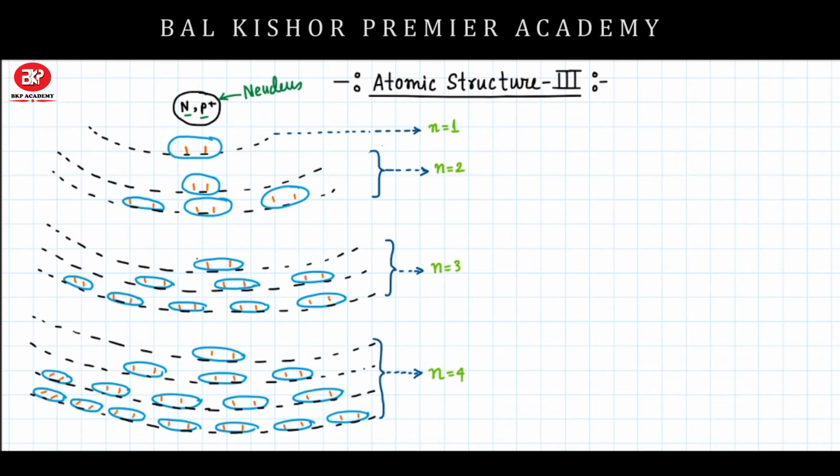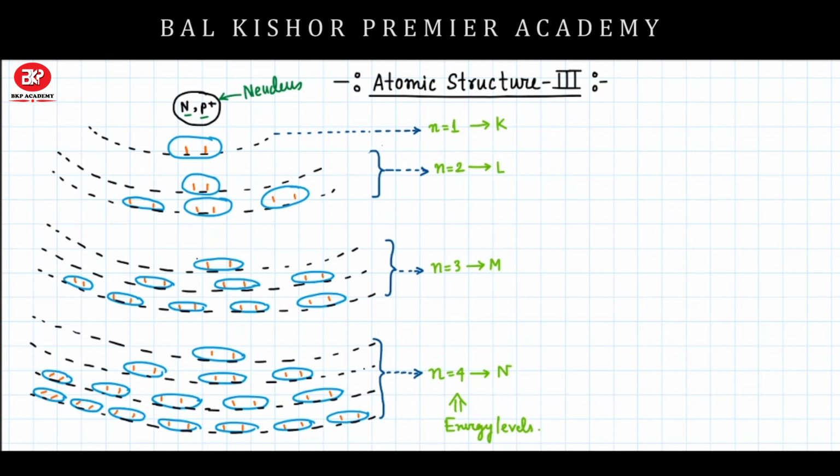We have also seen that we denote the first energy level using the alphabet K, the second one using L, the third one using capital M, and the fourth one by capital N. Now these are all the energy levels.